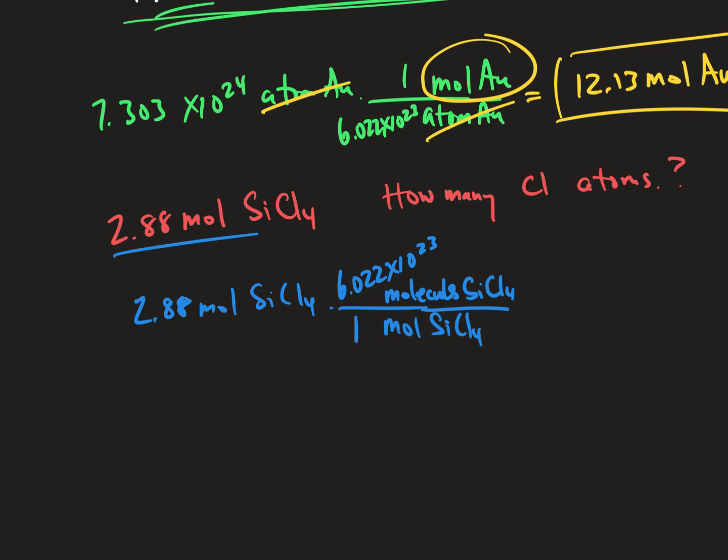That's what a mole means, right? Are we okay with this? Okay. Moles go away. Is that what we're looking for? No, so what does that tell us we got to do? Keep going. Keep converting.